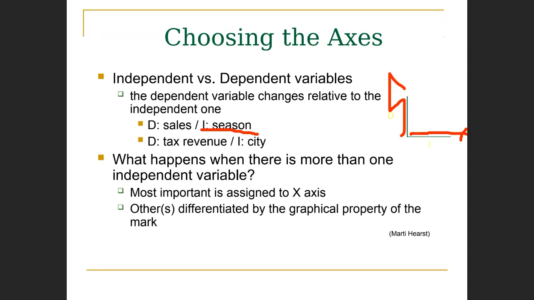Take a statistical experiment: if I'm trying to see if the temperature in the room determines how fat people are, the temperature is independent, I don't control it, but I measure the weight of people. So if the room is hotter, people get fatter. I know it's not possible, I'm just making it up on purpose. So again, temperature will be here because it's something I don't control, and things that I measure will go on the y-axis.